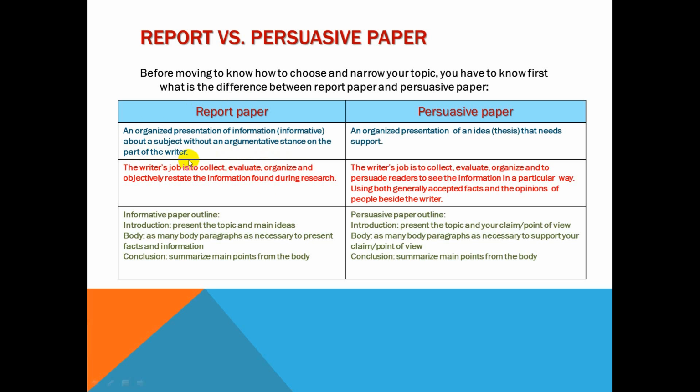So the writer collects information, organizes it, and presents it as informatively as possible. But as for the persuasive paper, from its name, you have to persuade your readers. That's why it is an organized presentation. So the job of the report paper is already done.